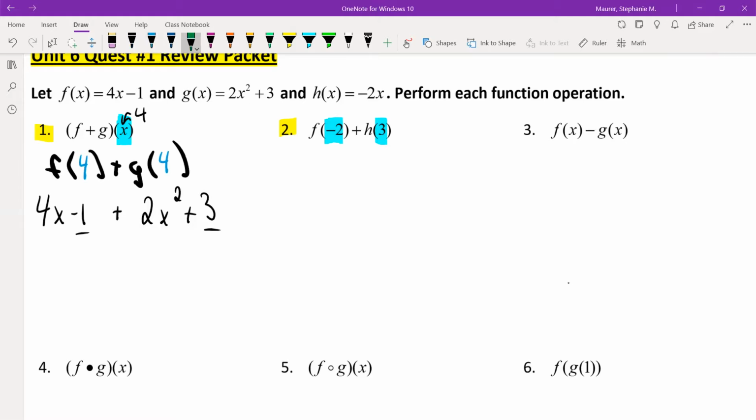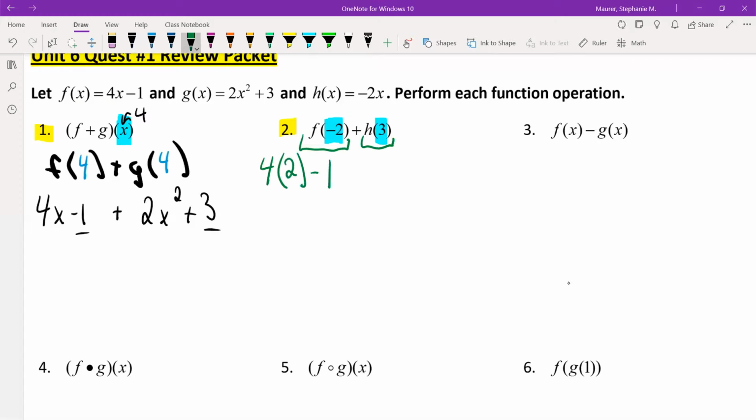So first off, just pointing this out, make sure you're paying close attention to which function they actually want you to be plugging into. So in problem number 1, we used f and g, but in problem number 2, we're using f and h. So be careful with that. So f of -2 says that we need to go to the f function, and wherever I see an x, I'm actually going to plug in a -2.